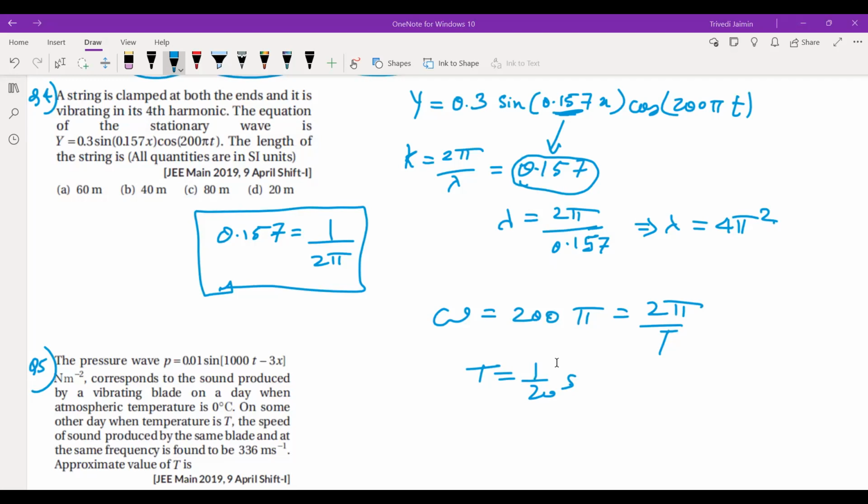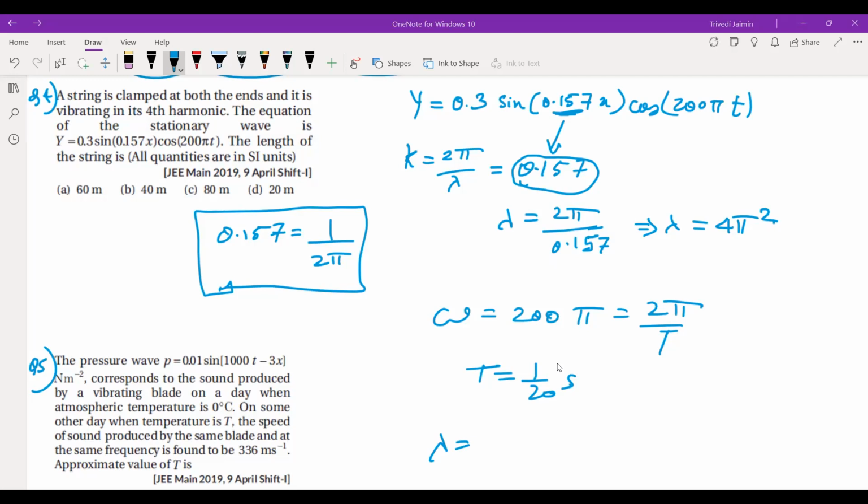Now what we need actually, pi? No, we don't need pi here. We have lambda. Can't we directly do like that? If we've got that lambda is equals to 4 pi square, as that string is in fourth harmonic, so it will be 4 into lambda by 2.